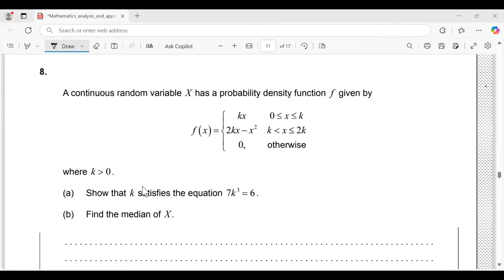Show that k satisfies the equation 7k cubed equals 6, and find the median of x.